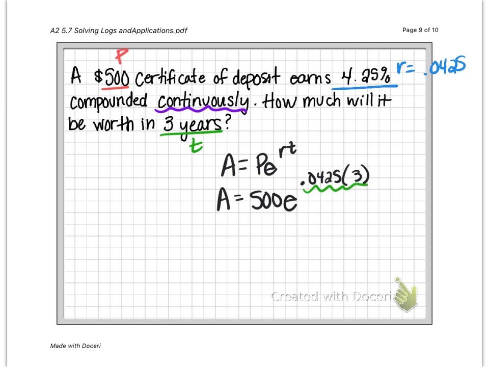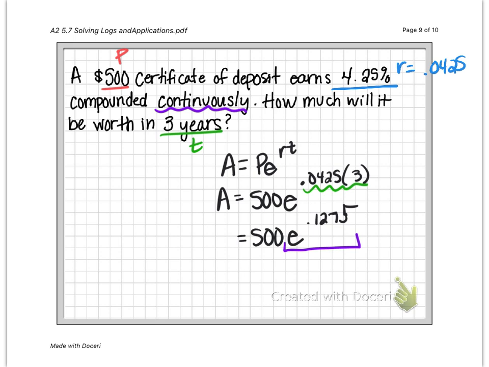First, do this math. So 500 e to the 0.0425 times 3 is 0.1275. Then you need to take e to that power. So your e button in your calculator is right above the natural log and right below the log. It's in blue.